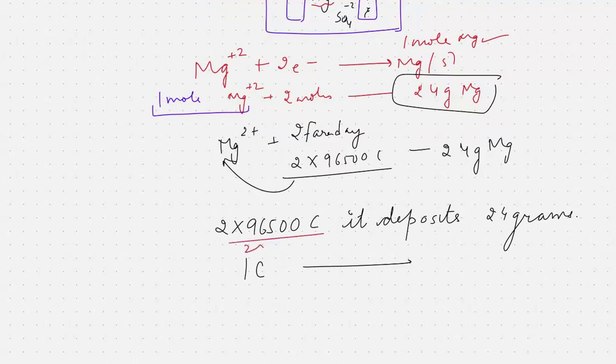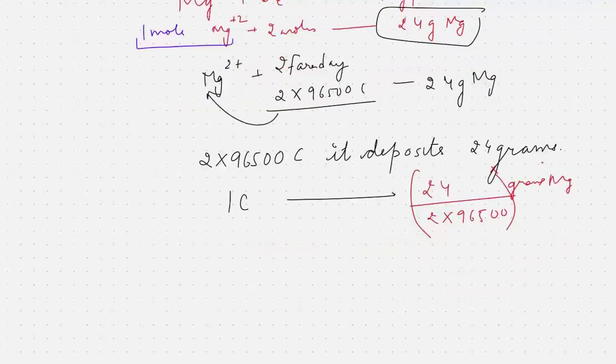I divide both sides by 2 into 96500. So 1 coulomb is going to deposit 24 divided by 2 into 96500 grams of magnesium.